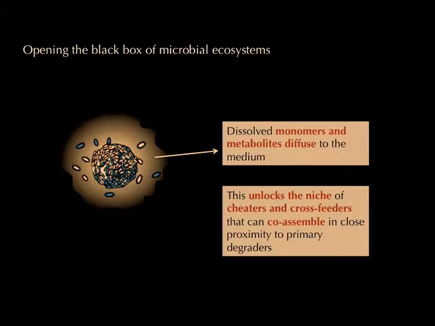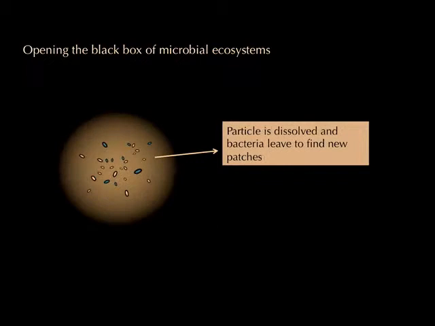That obviously releases a lot of nutrients, also byproducts of metabolism. Could be acetate, could be amino acids. And that triggers the assembly of a community. I like to say it unlocks the niche for many other things to co-assemble. Eventually, supposedly, these particles are eaten up, and then bacteria need to restart the cycle, go find new particles.